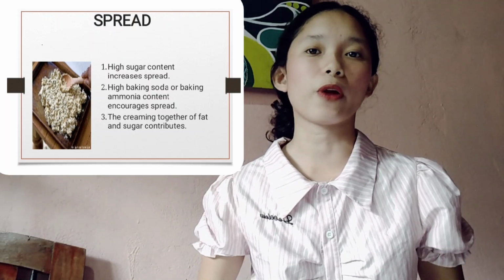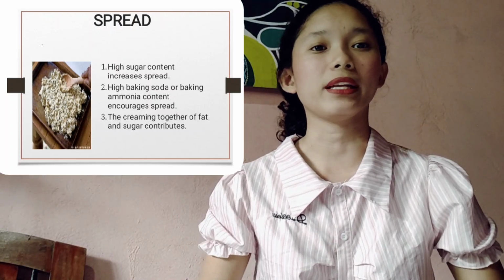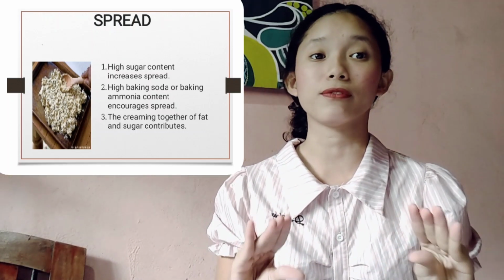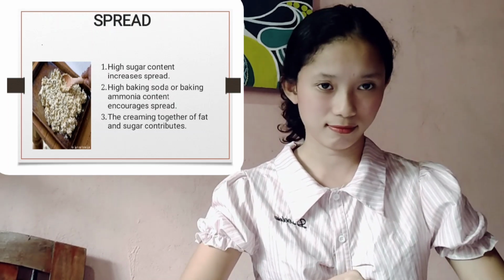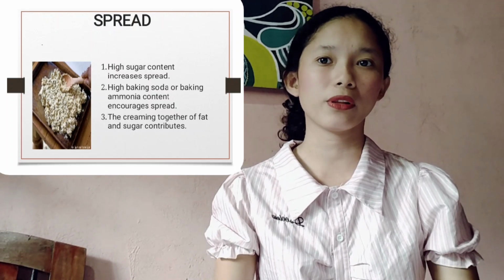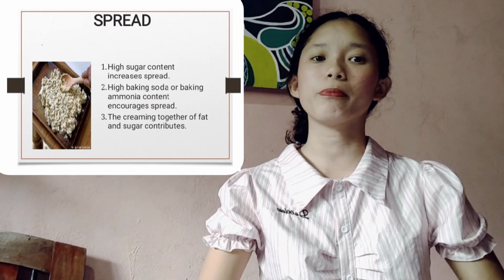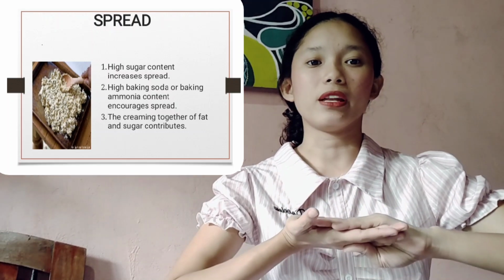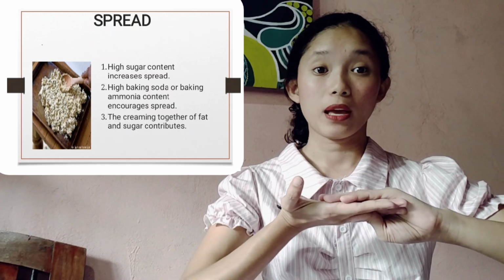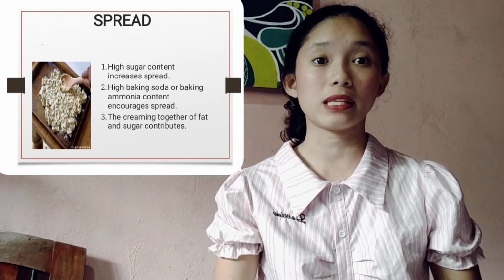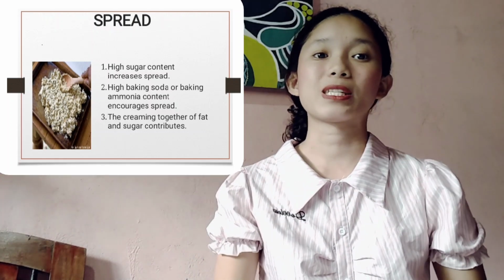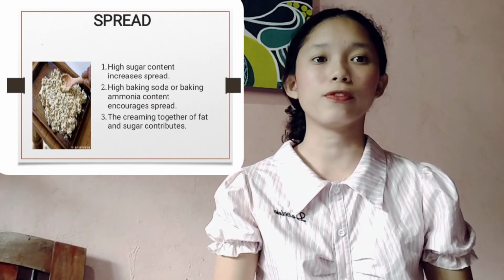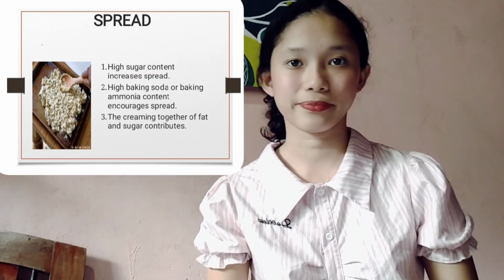Next is the spread. When we say spread, it means the expansion of a cookie during the baking. Okay, for example, the crinkles. Before baking, the crinkle looks very small, and then after the baking, it cracks. So it means that it has spread or expansion of the cookie during the baking.